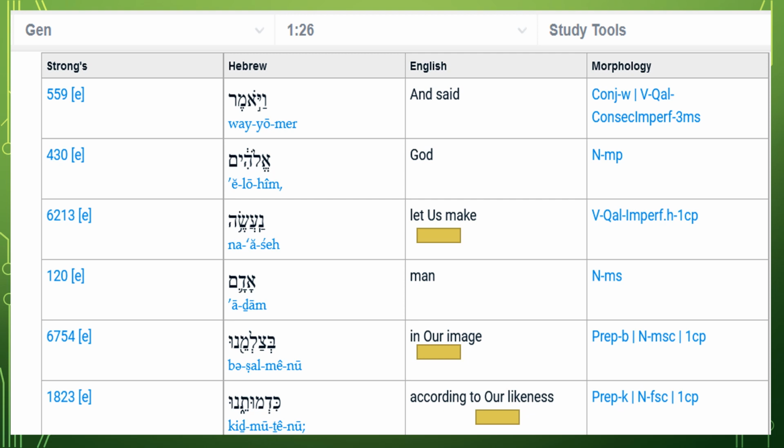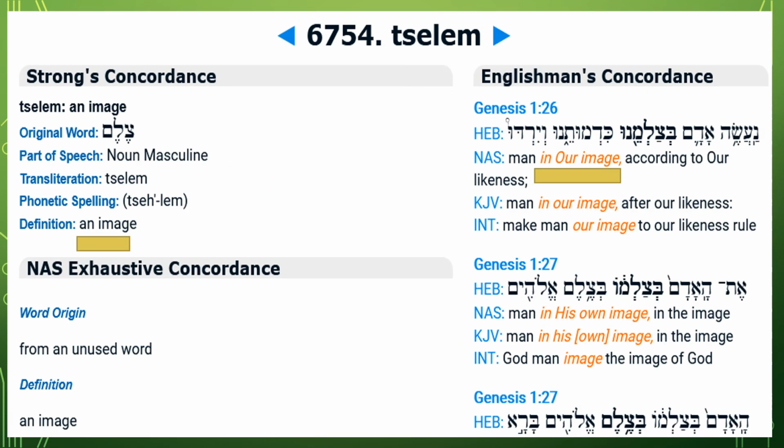And so when you go into those reference points, you will find that you still are going to be hitting a roadblock. As you can see here, when we go to the reference, there is no indicator with respect to what the word our means. All you see is image.